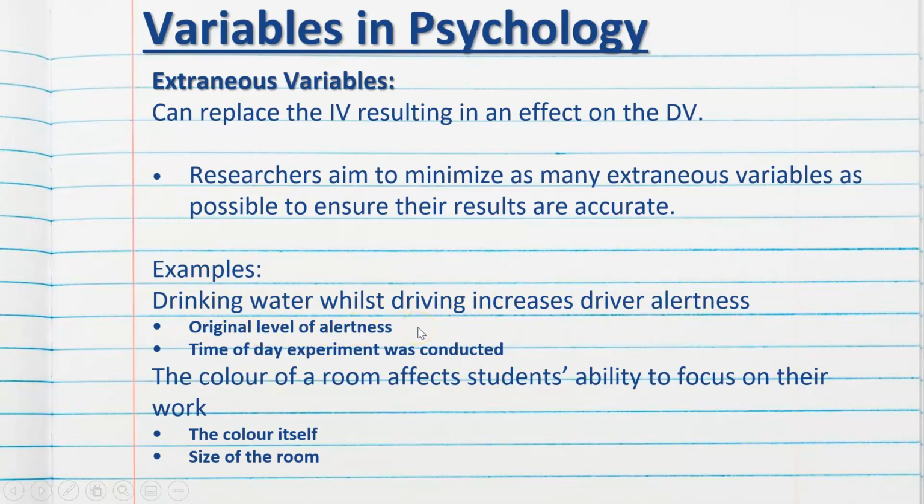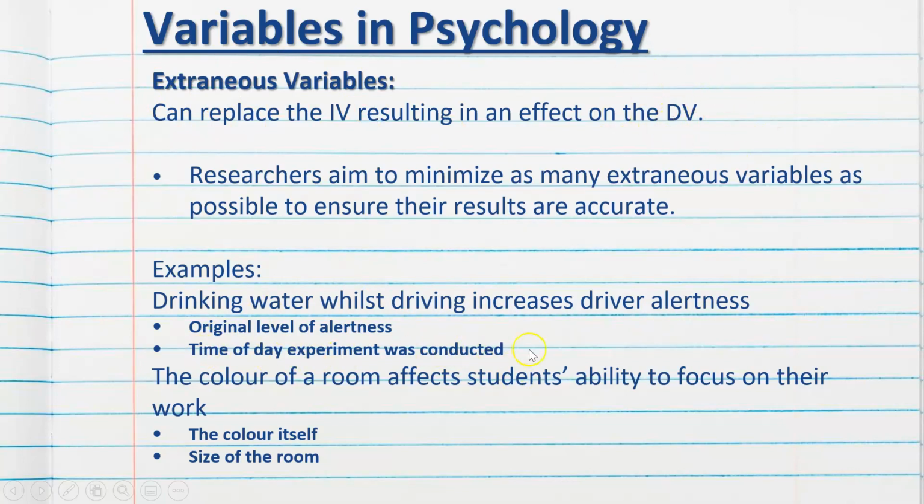If they were already sleep deprived, or their level of alertness was impacted in some way, is that what is causing the driver alertness to be different? How can we then conclude that it's their original level of alertness or the water? Well, we can't. That's the problem. So extraneous variables are extra variables that can basically negatively affect our results, in other words.